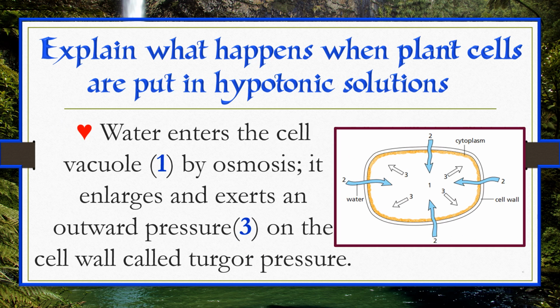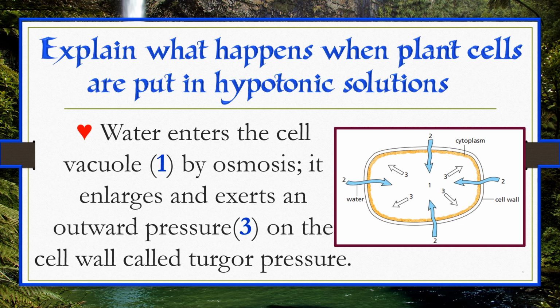The water will enter into the vacuole by osmosis. It enlarges and exerts an outward pressure, which is number 3, onto the cell wall. And this one we call the turgor pressure.